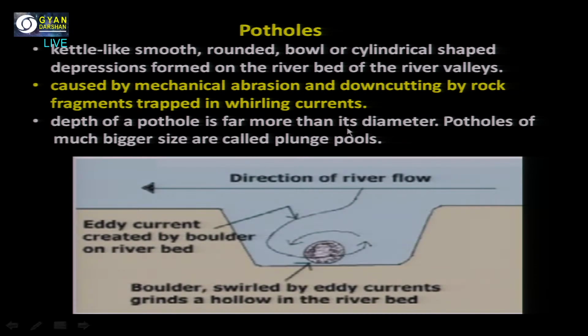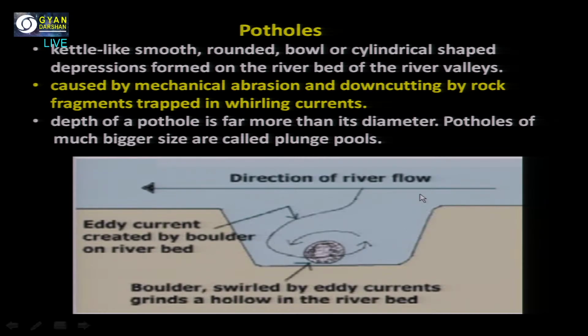Then many of you must have seen in river beds some small depressions, and these depressions are known as potholes, which are kettle-like, smooth, rounded bowl or cylindrical shaped depressions. They are developed due to mechanical abrasion and downcutting by rock fragments which are trapped in the whirling currents, and the depth of a pothole is much higher compared to its diameter. If there is a much larger depression, it is known as a plunge pool.